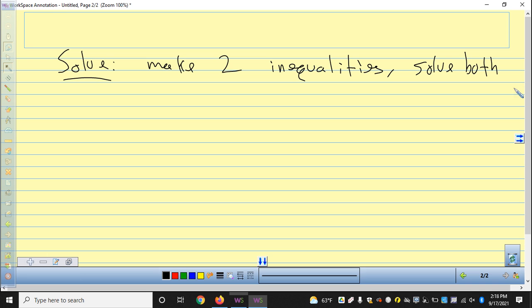So compound inequalities involve two problems instead of one. So I'm going to put up an example of an "and" inequality and an "or" inequality solving. These examples are what should go under your flap, your third flap in your flip book.